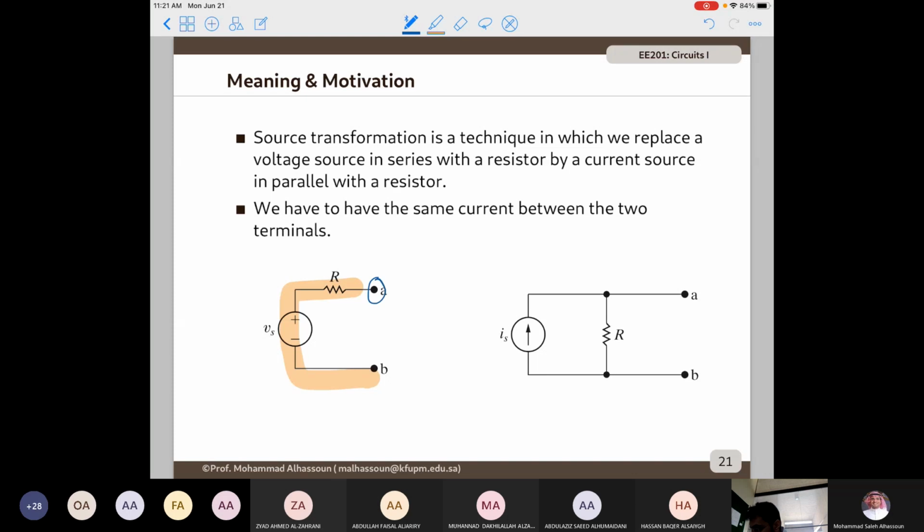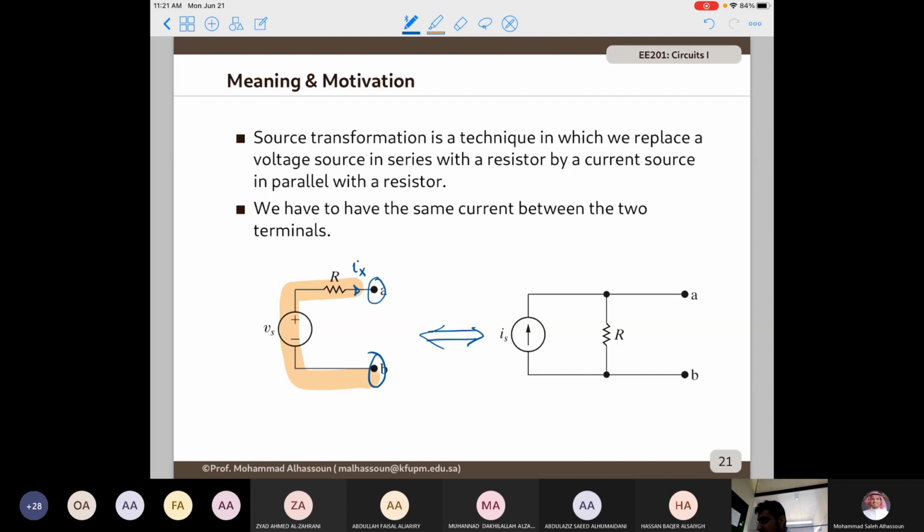Between the terminals A and B, you want to find an equivalent circuit, but instead of a voltage source in series with a resistor, you will have a current source and a resistor. And you want to make this transformation bilateral, meaning you can start from one and go to the other, or vice versa.